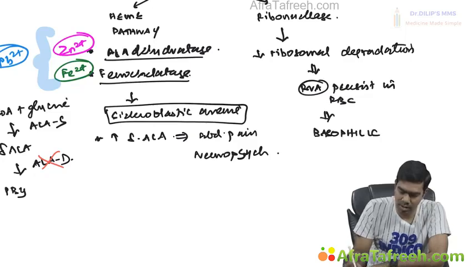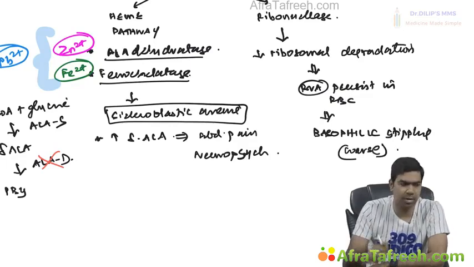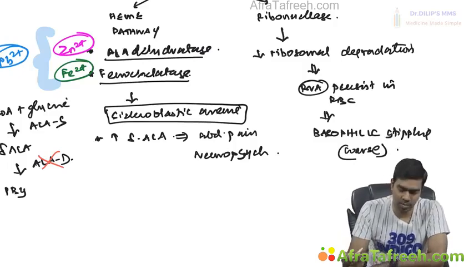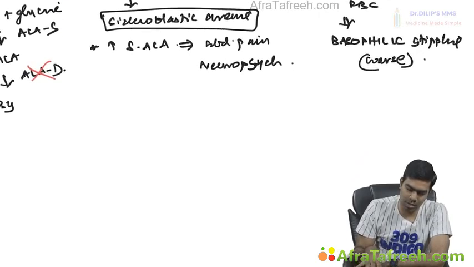What lead poisoning causes is something called a coarse basophilic stippling. That's what they are going to cause.